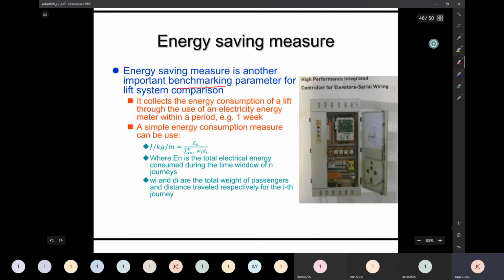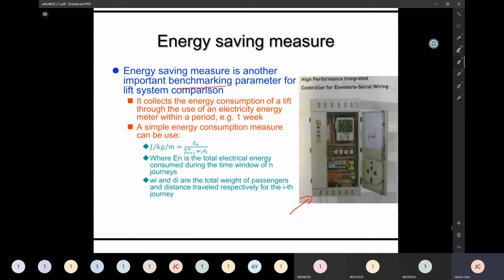Okay, and you can collect the energy consumption of the lift through the use of an electricity energy meter. Now in the picture, we show you a meter that can collect the energy usage for a lift system. For example, we can connect the meter for 1 week, 1 month, etc. And we can make a simple calculation for the energy consumption.